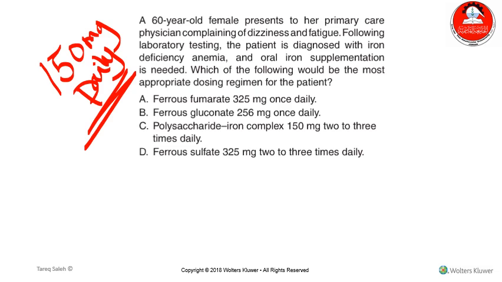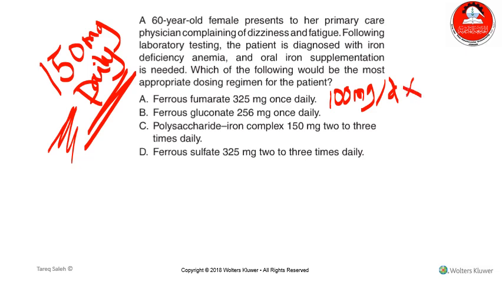So you know that ferrous fumarate contains 33% iron, so 33% of 325 milligrams daily is about 100 milligrams elemental iron every day, and that is less than 150 milligrams, so this choice would be wrong.